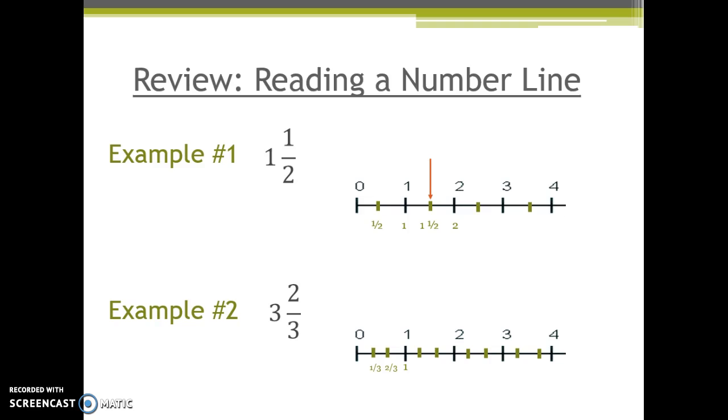So the 2 tick marks are how you're going to separate it into thirds. So I have 1/3, 2/3, then 1. Now that I can count to 1, I can go to 2 and then go to 3. So for this example, 2 2/3, you can see that the arrow is right there at the end at 2, and then the second tick mark, 2/3.